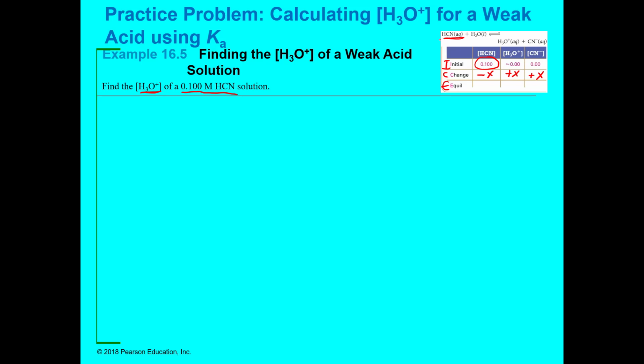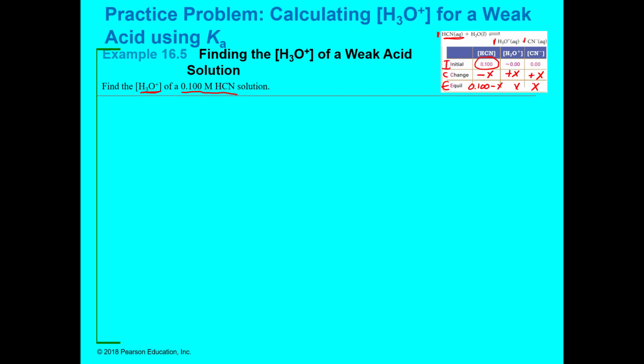How do I know that? Because when I look at the balanced chemical equation, they're all 1 to 1 to 1. So it's going to go down X and up X for this. And so at equilibrium, I'm going to have 0.1 minus X, and then X, and then X.